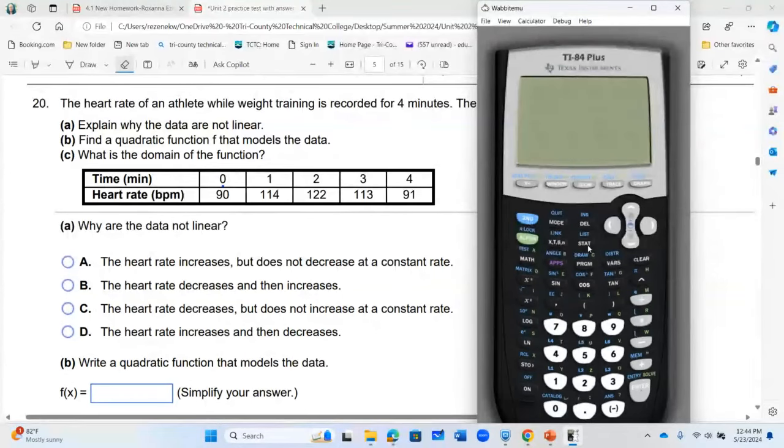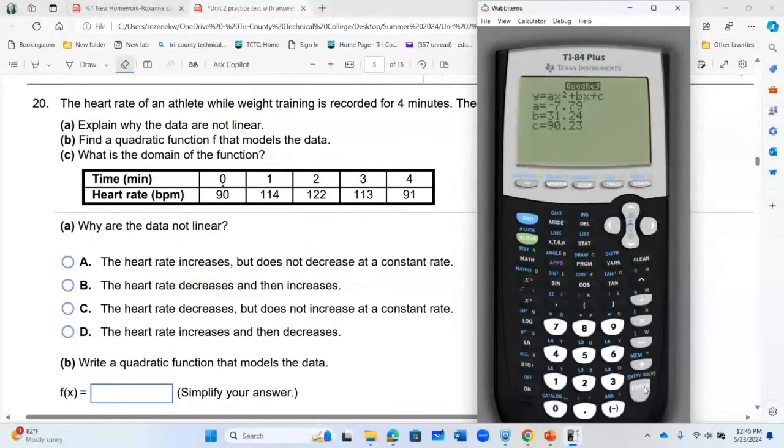Then I'll go back to Stat and make sure I finish what I started. Quadratic regression, which is number 5. Okay, and then some things have already disappeared. So I'll go back and tell my calculator that I want the equation in Y1. So Vars, Y-Vars, Function, Y1, and then calculate.